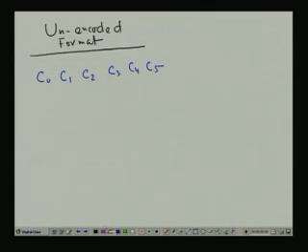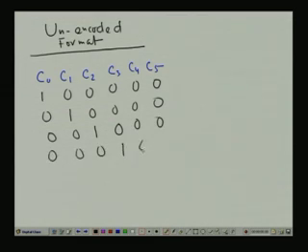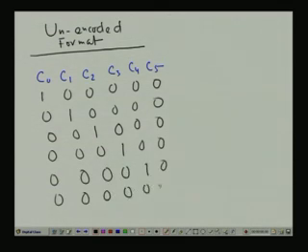Each time, this is 1 0 0 0 0. Similarly, this is 0 1 0 0 0. That is, one particular control bit is assigned 1. This is unencoded format.